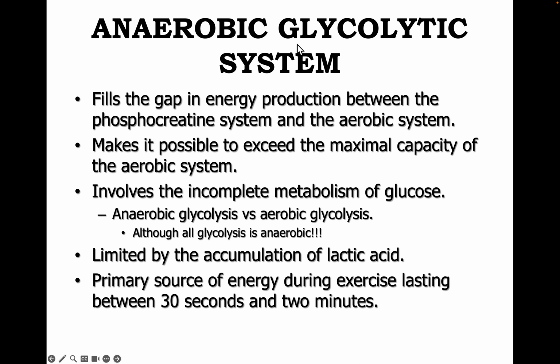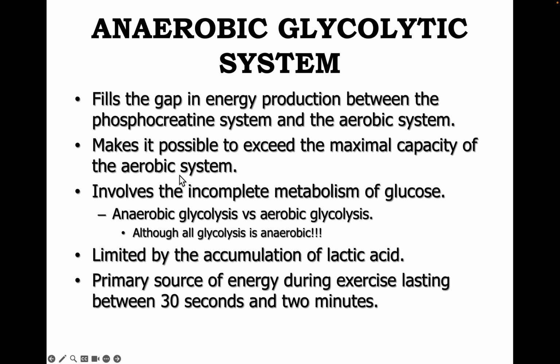So the anaerobic glycolytic system. Again, this is a summary slide. It would be something that I would star or make a note of in my notes. It basically fills the gap in energy production between the phosphocreatine energy system and the aerobic energy system. What it does is that it essentially makes it possible to exceed the maximal capacity of the aerobic energy system.